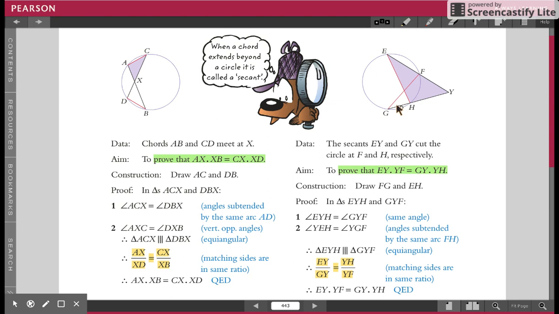And because if two angles are the same, obviously the third will be in matching order as well, the triangles are similar. So therefore, you've just created similar triangles, EYH and GYF. And in doing so, you match up the sides again like there in the yellow, and when you cross multiply, we get down here what we tried to prove.